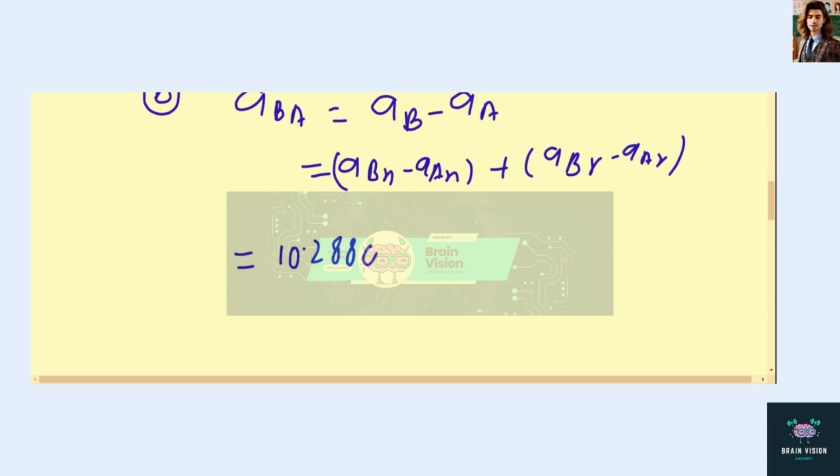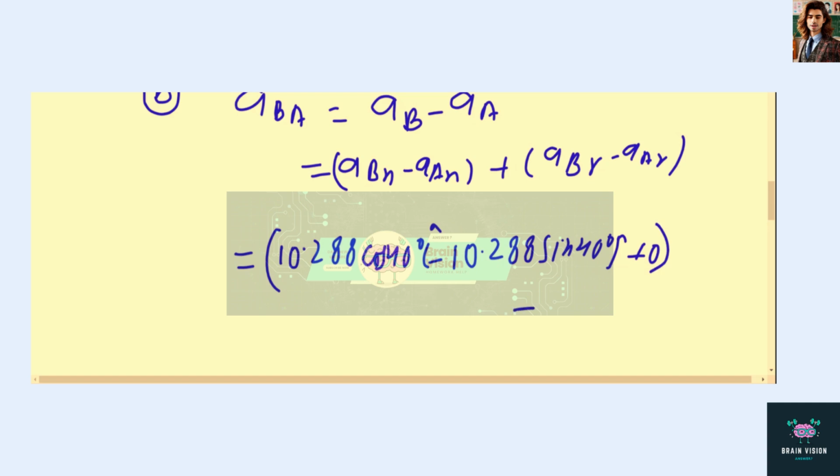That is 10.288 cos 40 degrees I cap minus 10.288 sine 40 degrees J cap, and in A the normal component is 0, so we just write 0.